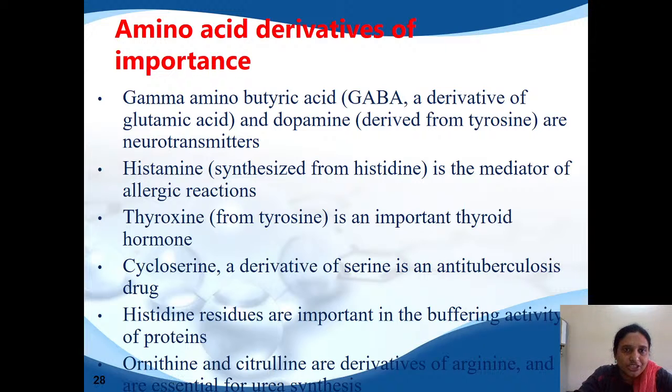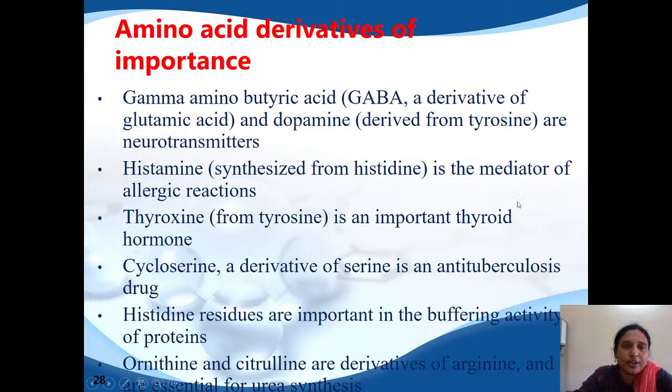So when the question asks you to name the non-standard amino acids and their significance, you have to mention the names first, like GABA, histamine, thyroxine, cycloserine, ornithine, citrulline. These are the non-standard amino acids or non-protein amino acids, which are not constituents of the protein.